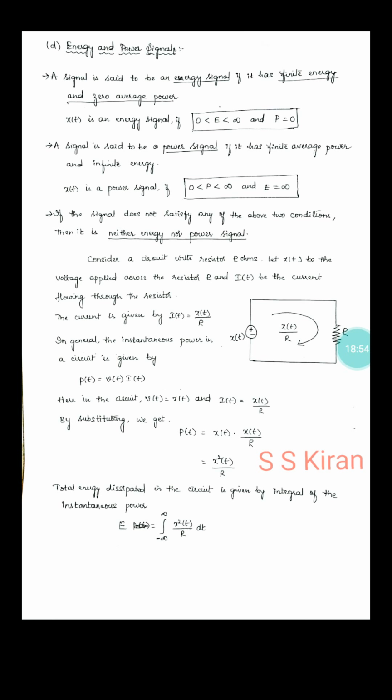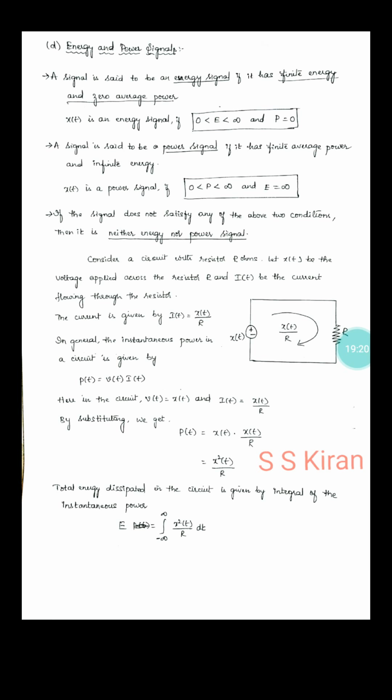The condition is 0 less than E less than infinity and P equal to 0. Coming to the power signal, a signal is said to be a power signal if it has finite average power and infinite energy: 0 less than P less than infinity and E is equal to infinity.